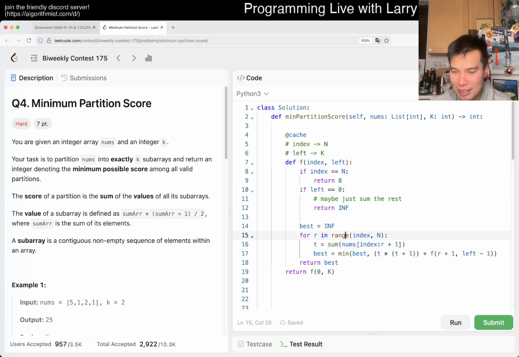But this loop is still O of n, and as a result, this is going to be n squared times k, which is too slow for n and k equal to 1,000, right? That's just like a billion. So that's kind of the first part, right?